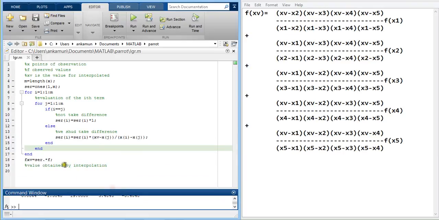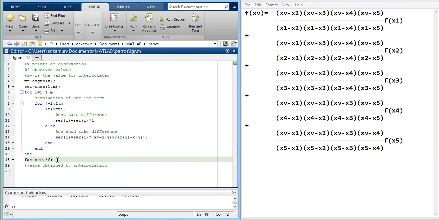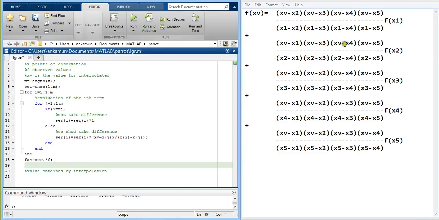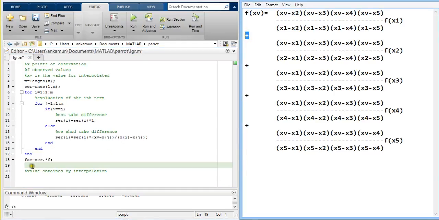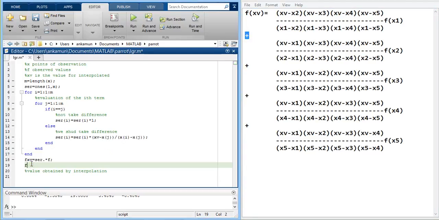Okay, this is one point. fxv is the product of the terms generated in SER and fx. So it is still an array, but what we need is one term. So this summation is what we had forgotten.